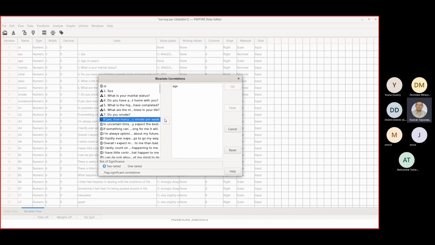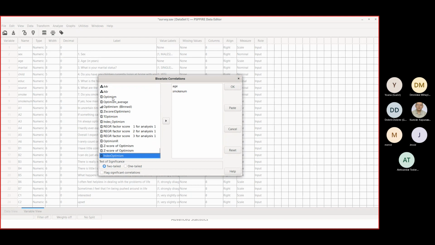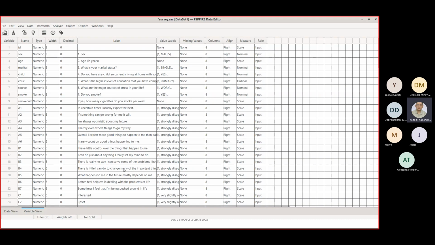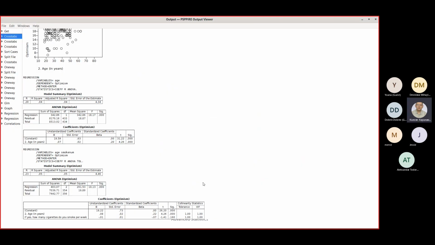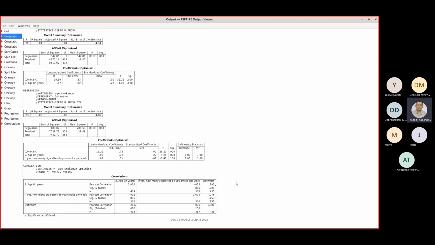Number of cigarettes per day, per week also, and optimism also. And I can check this checkbox here, flag significant correlation. After that, press OK. And let's see the result.